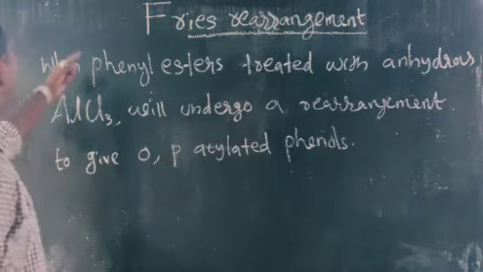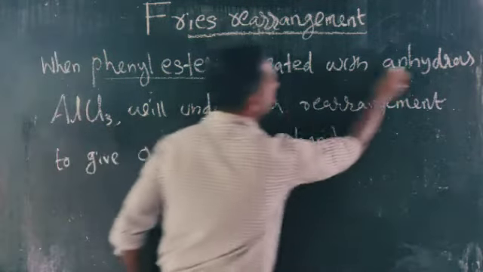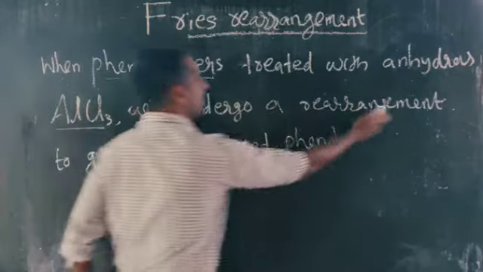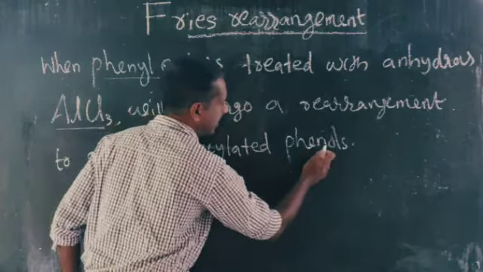Okay, so keep it in mind: when phenyl esters are treated with anhydrous aluminum chloride, they undergo a rearrangement to give ortho and para acylated phenols.